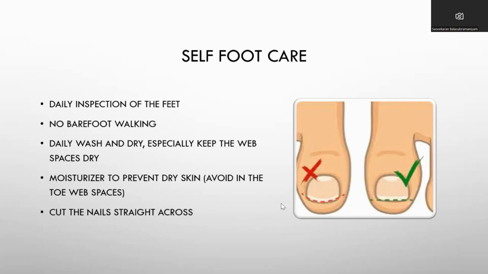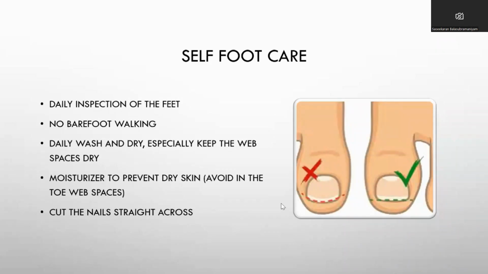They develop ulcer, gangrene, whatever it is, and they won't notice. So the rubber part of the footwear should extend 1 centimeter beyond the toe level. That should be ideal. And they should wear it in and out of the house. Inside the house also they have to wear it, because they walk barefoot and get all these kinds of injuries. Daily they have to do the foot inspection and keep the web space dry to avoid fungal infection.